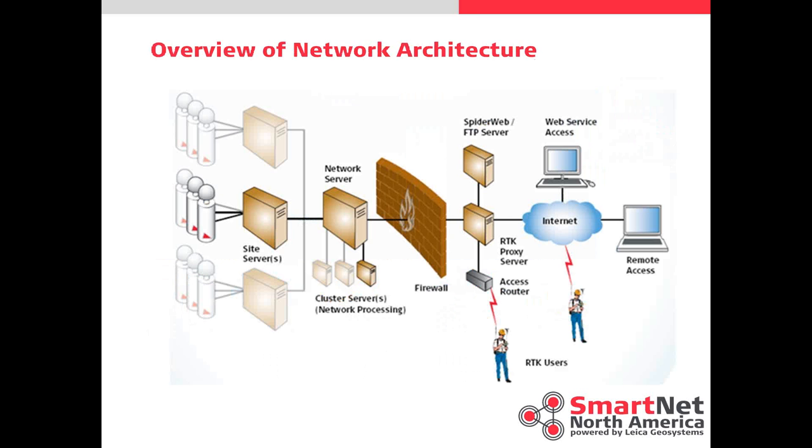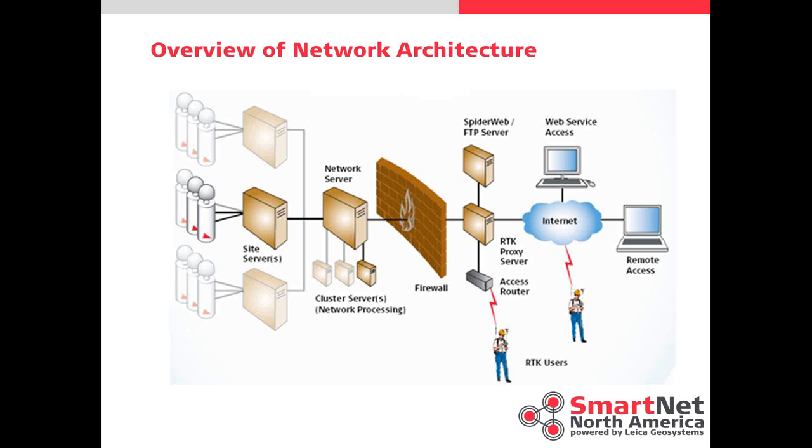And this just kind of gives a basic overview of a network architecture, just in case you guys were wondering what we're dealing with when we start talking about the network. We've got, of course, our receivers out on the left there, deployed for us across all of North America, and then our site servers, which can command and control the receivers, our network server, which brings that data together, and then commands the cluster service to control network processing.